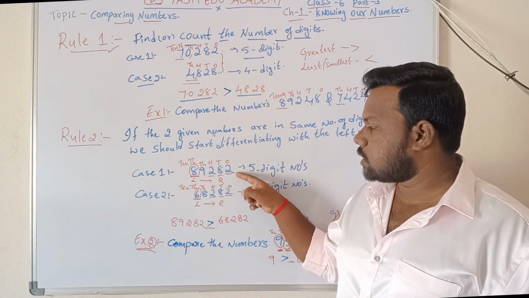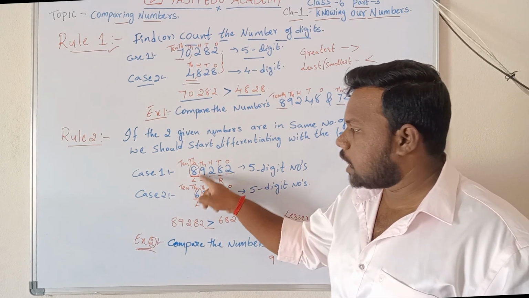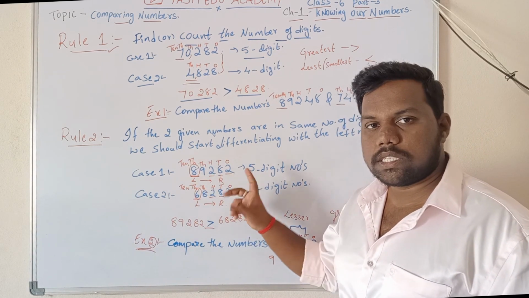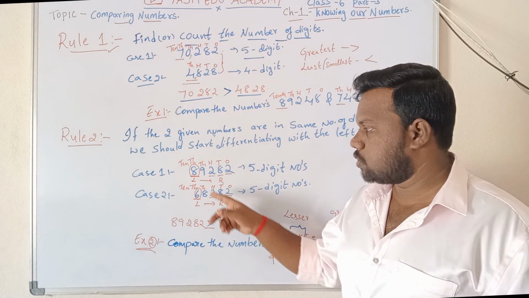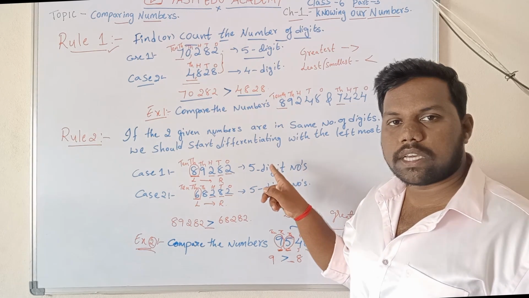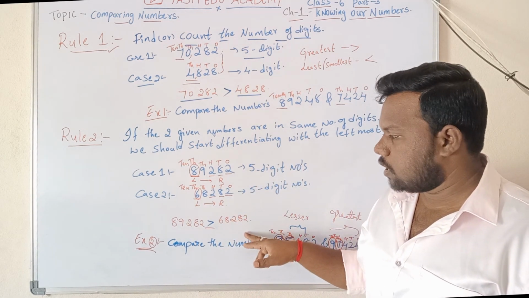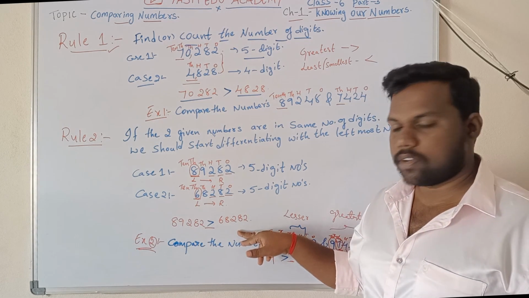Both numbers have the same number of digits and the same place value, but the leftmost digit of each number differs. So 8 is greater than 6, so the case 1 number is the greatest one and the case 2 number is the smallest.